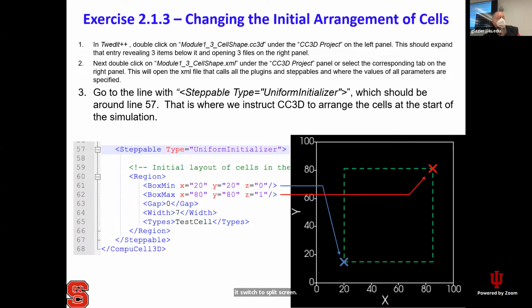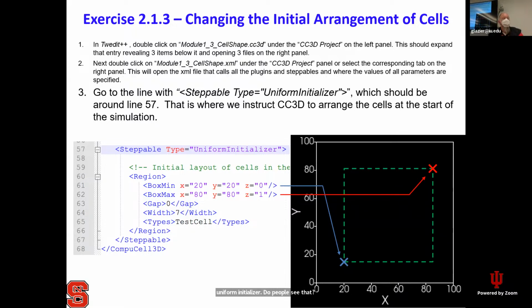If you scroll down through that, the XML is sort of semi-human readable. It's text, but it's not the most friendly format in the world. You will come, I think it should be about line 57, and you'll see something that will say steppable type uniform initializer. Do people see that? People find that?